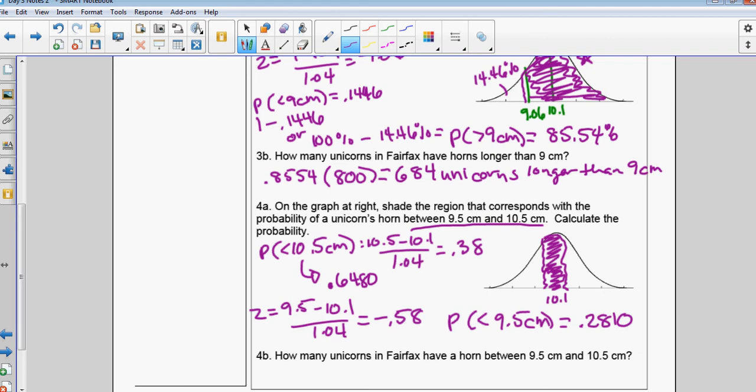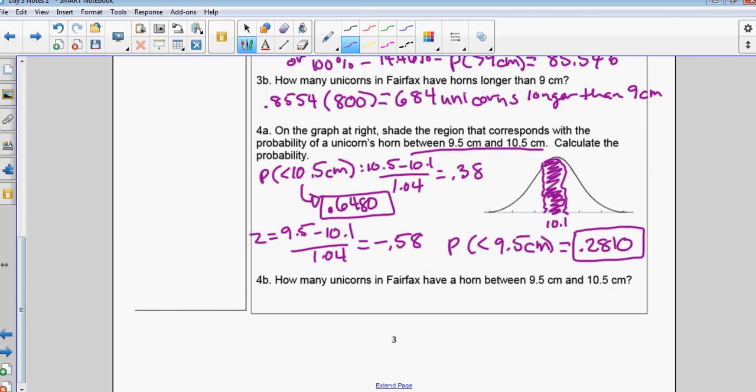Okay, so less than 10.5 was 64.8%, and less than 9.5 is 28.1%. So if you subtract those two probabilities, you will get the probability that you are between the two values. So you want to write those words, subtract the probabilities.